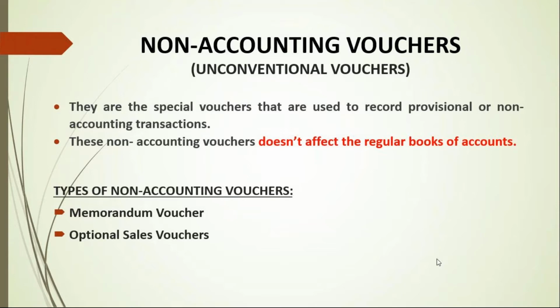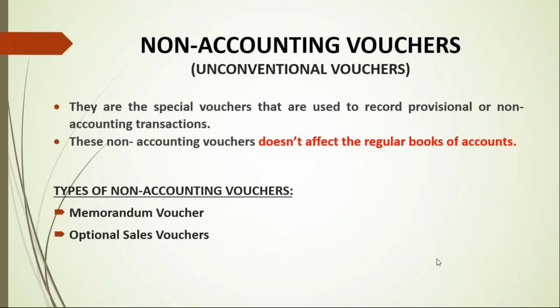As I told, even though I pass 1 or 50 non-accounting vouchers, let's take an example. If my cash balance is around 3 lakh in my company, even though I pass 30 non-accounting vouchers, the cash balance of my company will remain 3 lakh itself.